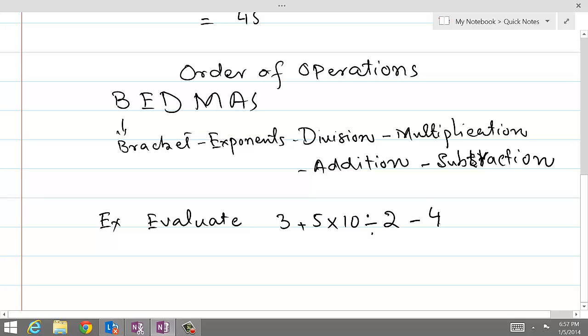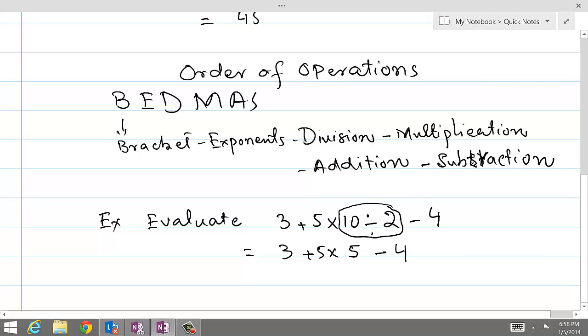There is no exponent, so we cannot apply that as well. The next in order is division, which is present, so we are going to apply division first. Everything else will stay the same. 3 plus 5 times, and this division will be calculated first. So 10 divided by 2 will make it 5. Everything else is the same.